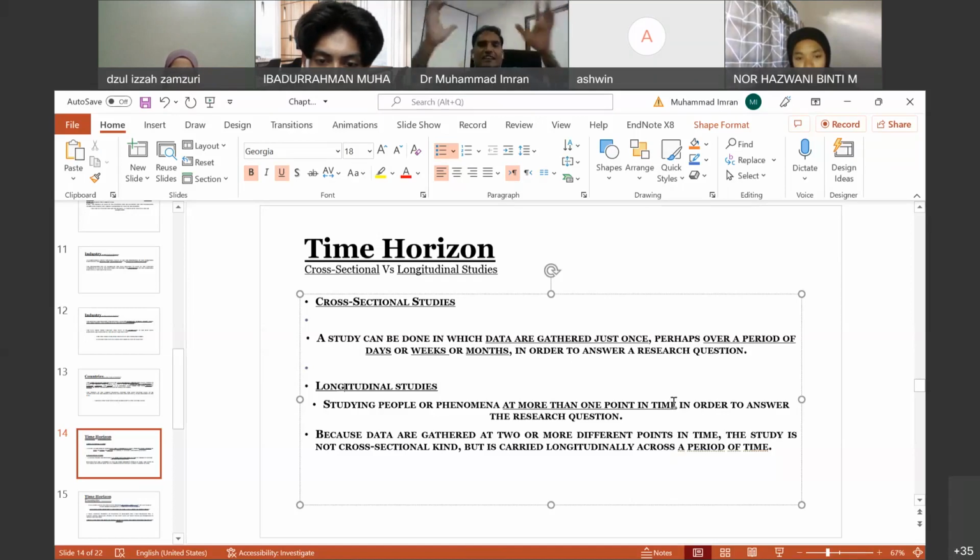So these are three data collections in different time frames. It is called a longitudinal study because data are gathered at two or more different points in time. Even if the study is of the cross-sectional kind, but it is carried out over time, it will be called longitudinal.